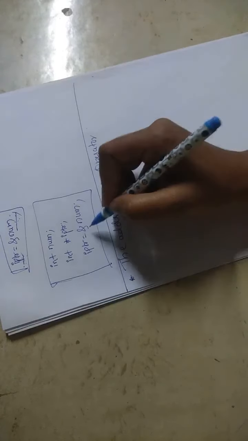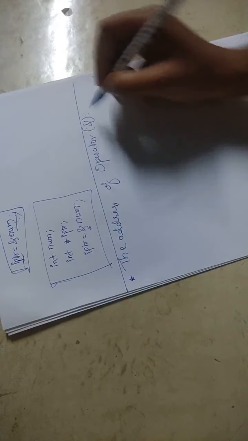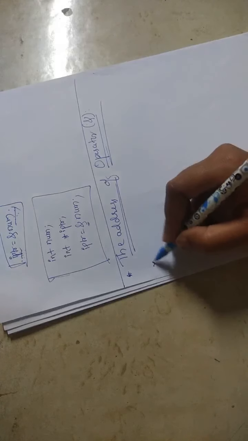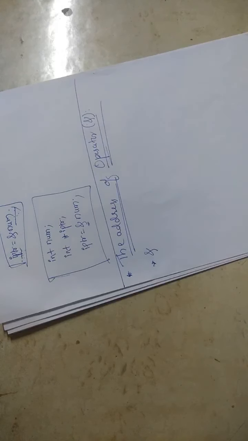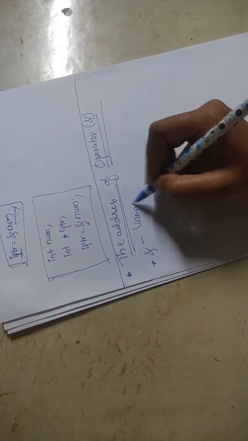We had studied already, that is the ampersand symbol, because the ampersand symbol is used when you want to deal with the addresses of the variables. So this is called the address of operator. Here this ampersand is a unary operator.